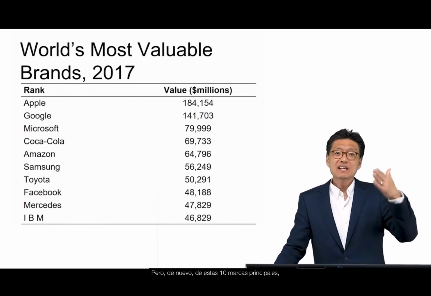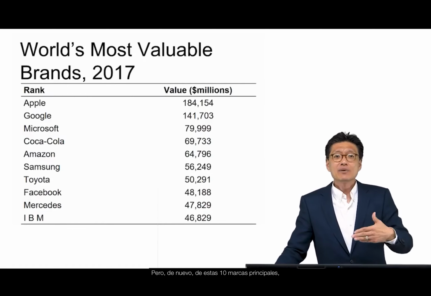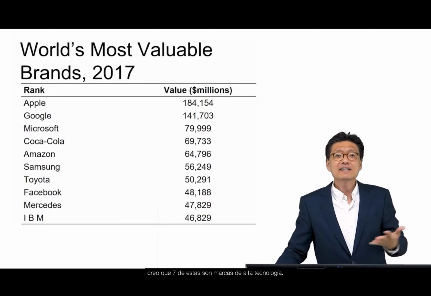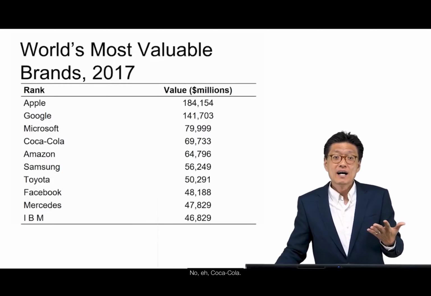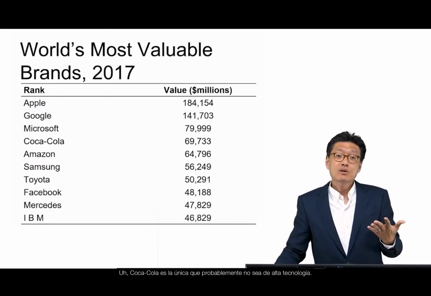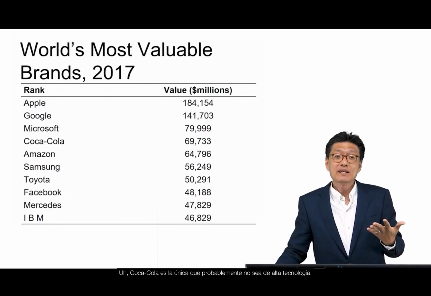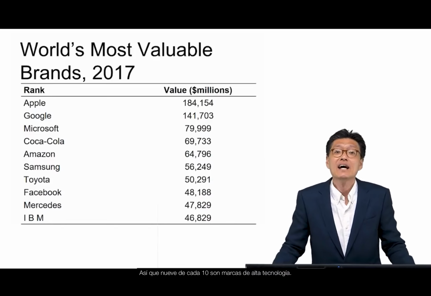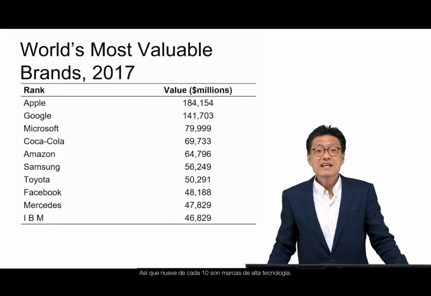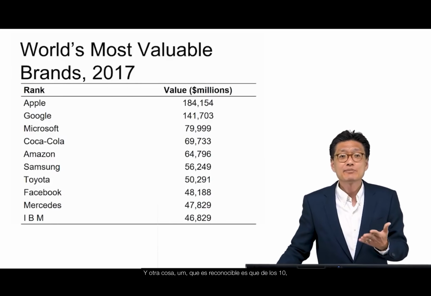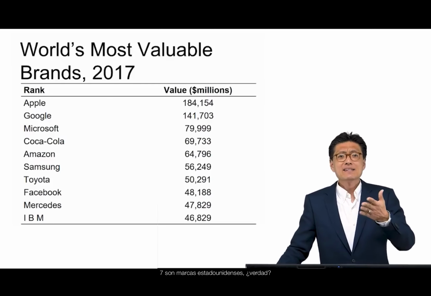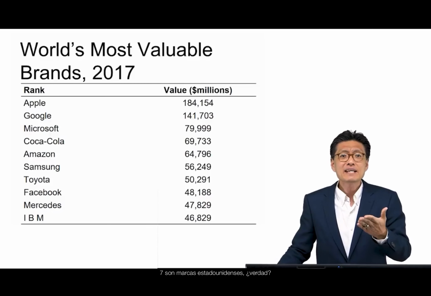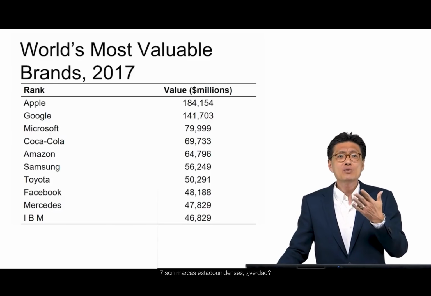But again, out of these top 10 brands, what is it? I think 7 of them are high-tech brands. Is it 7? Coca-Cola is the only one that's probably non-high-tech. So 9 out of the 10 are high-tech brands. And another thing that's recognizable is that out of the 10, 7 of them are U.S. brands, right?